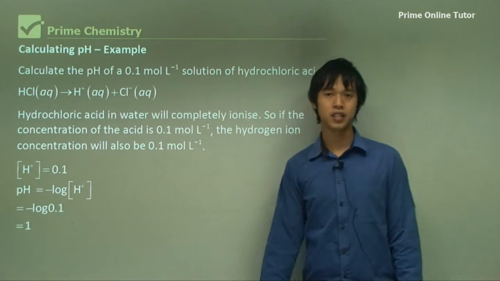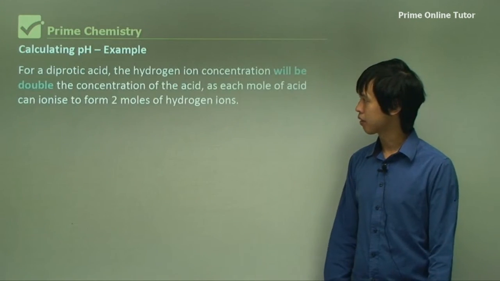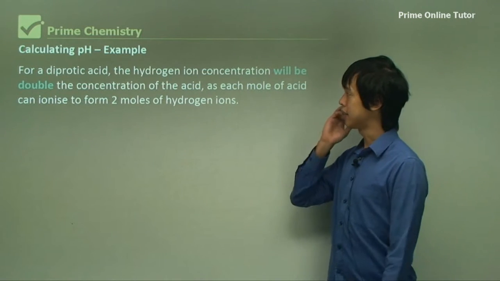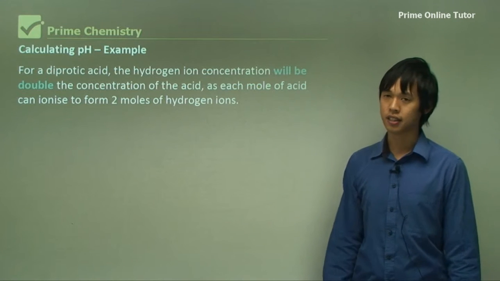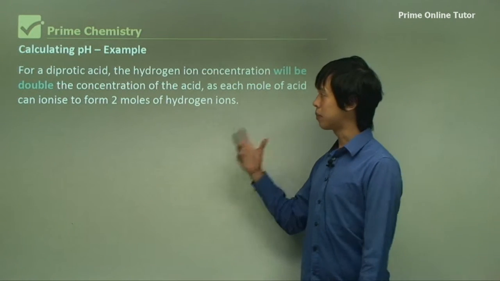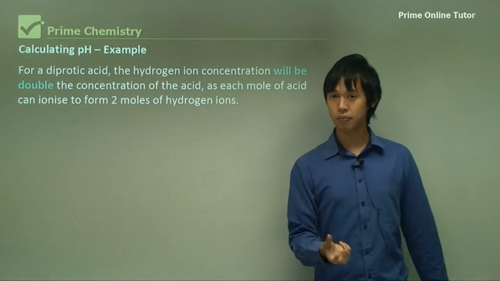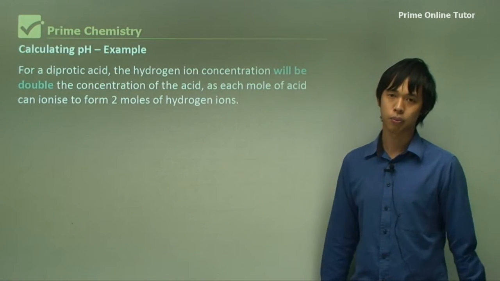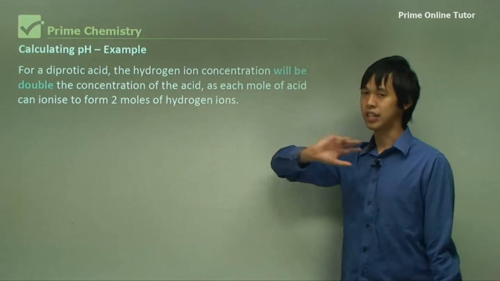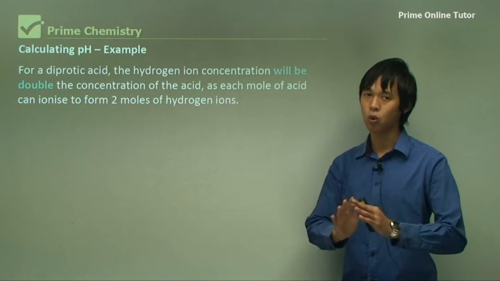Okay? Fairly simple calculation. Now, for a diprotic acid, the hydrogen ion concentration will be double the concentration of the acid. It could be double the concentration of the acid if it is a strong acid. If it's a weak acid, then there's a bit more we have to play with, but let's just assume that it's a very strong acid, all of it ionizes.